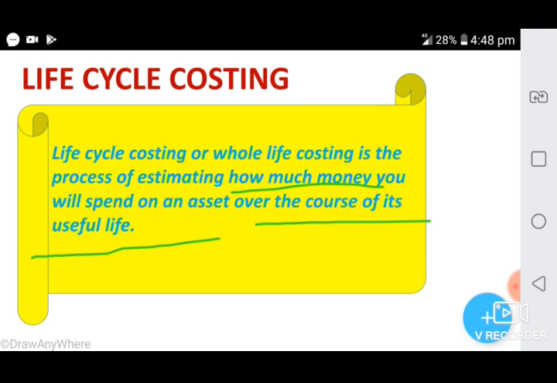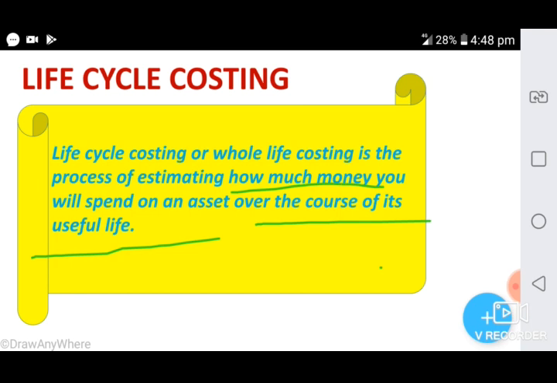Buying an asset is a cost commitment that extends beyond the price tag. For example, when purchasing a car, you also need to consider expenses for car insurance, oil charges, and any other necessary maintenance to keep the car running.